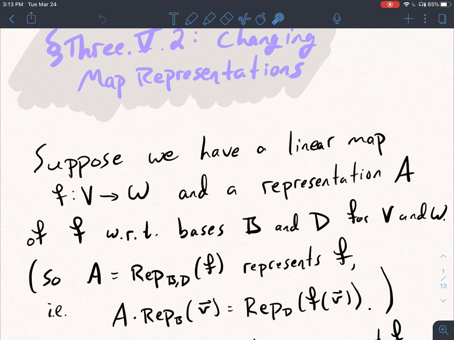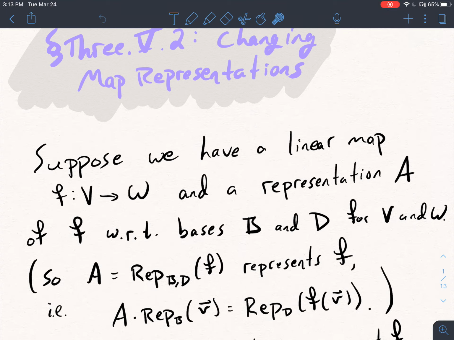What that means is that the representation of v with respect to B, which just as a reminder is a vector where the entries of the vector we get as follows.